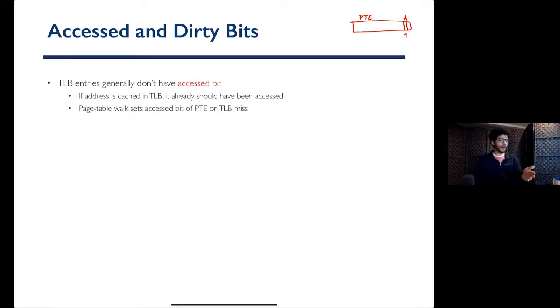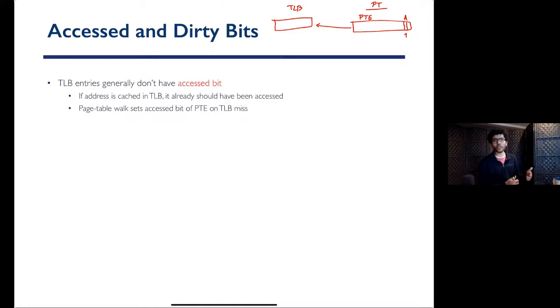But do I need to have this bit in my TLB as well? So this is in my page table. Now in the TLB, I'm going to have a copy of this entry. Do I need to have this access bit?